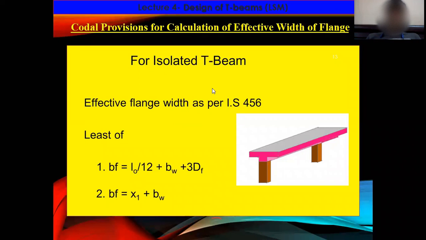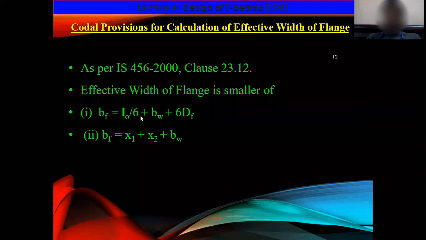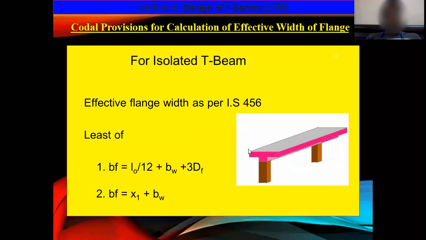So whatever is given is for adjacent beams on either side. If there are adjacent beams on either side, then you need to calculate the effective width of the flange by this formula, that means lesser of these two. If it is an isolated one like this, there are no supporting beams on either side.